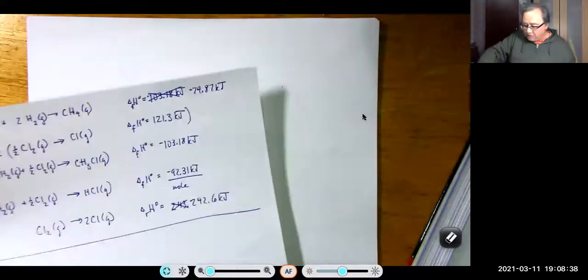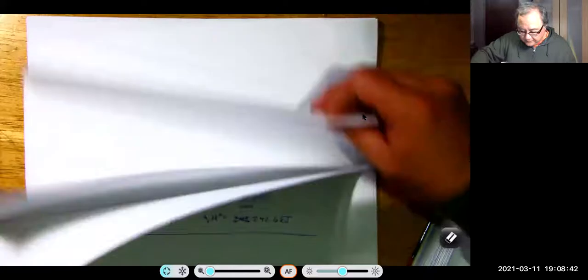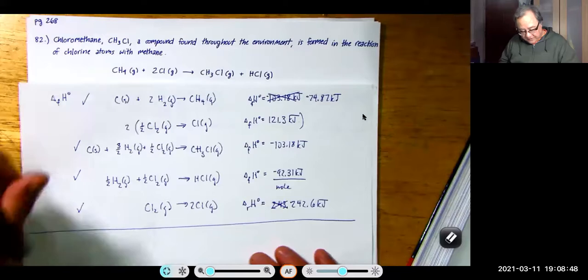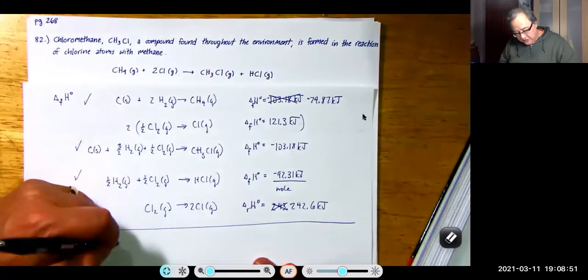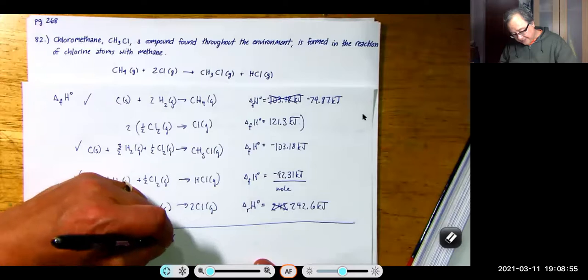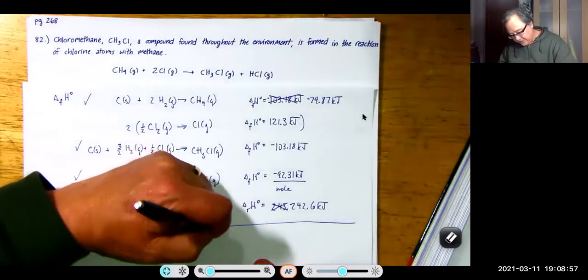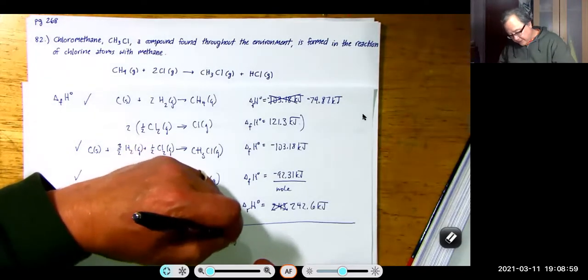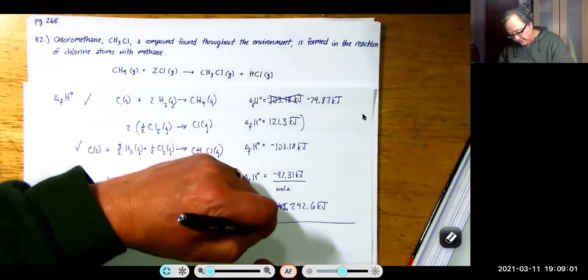So I need to move my papers around a bit. The other reaction we have to write is this one right here, CH4 gas plus 2Cl gas gives you CH3Cl gas plus HCl gas. Now, I'm going to be honest with you.